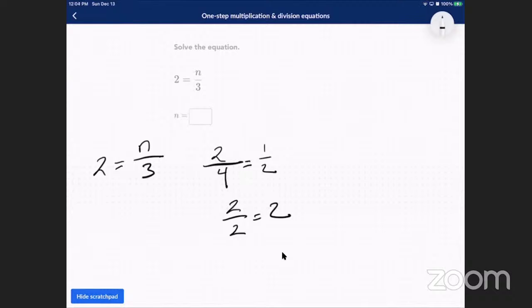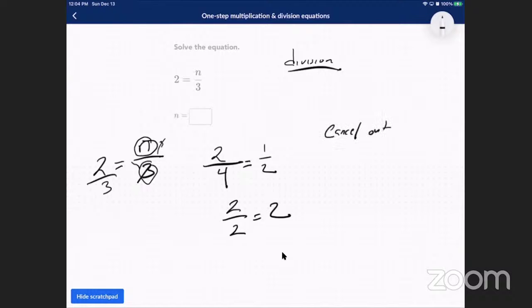what I'm trying to get at is that the idea behind solving this would be to focus on the division equation method, which is to try to get n by itself. That would mean to take 3 and put 3 under here, or put 3 on the top, I believe, and then divide and cancel it out.